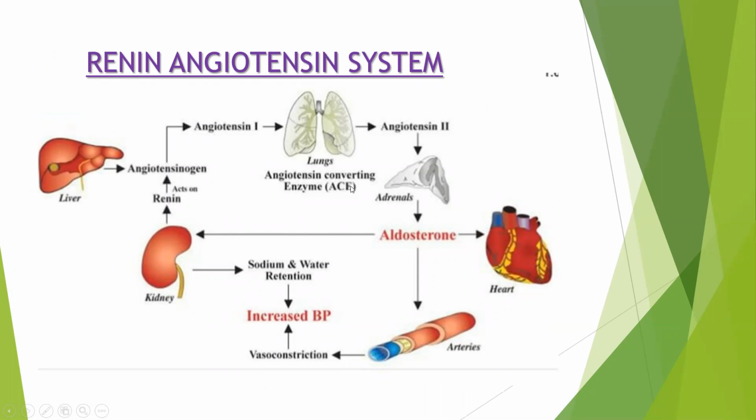This enzyme also catabolizes bradykinin to inactive fragments, and hence it is also known as kininase 2. Angiotensin 2 is one of the most potent vasoconstrictor agents. The components of the renin-angiotensin system get activated by lowered blood volume, low renal pressure, and low sodium ion concentration in the plasma.